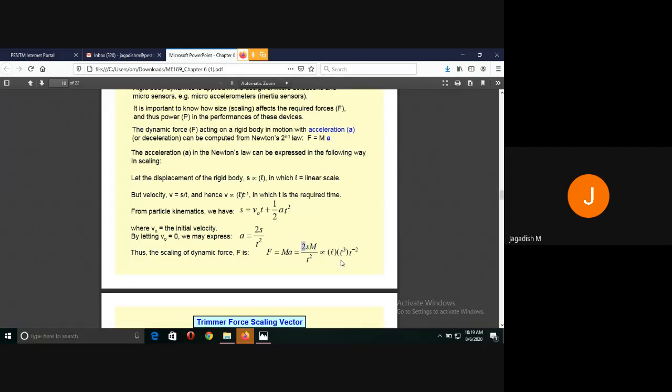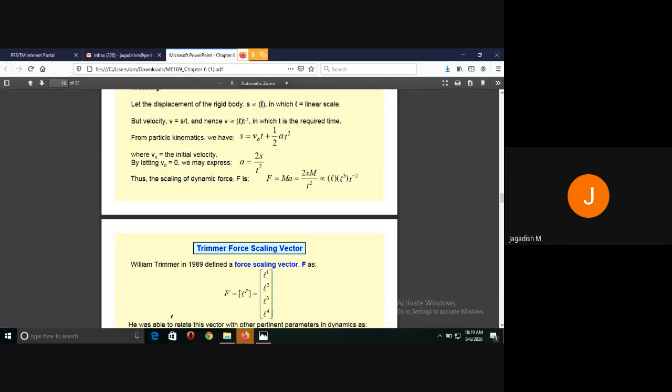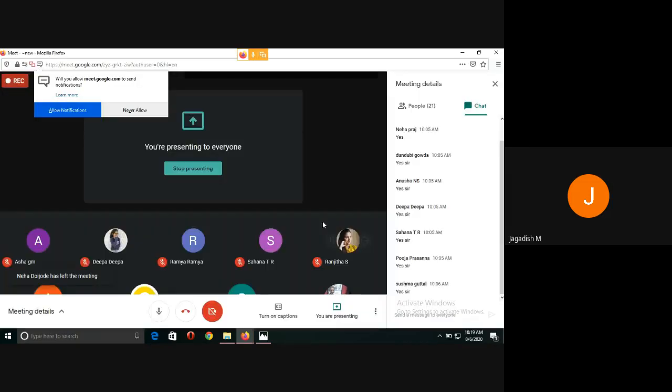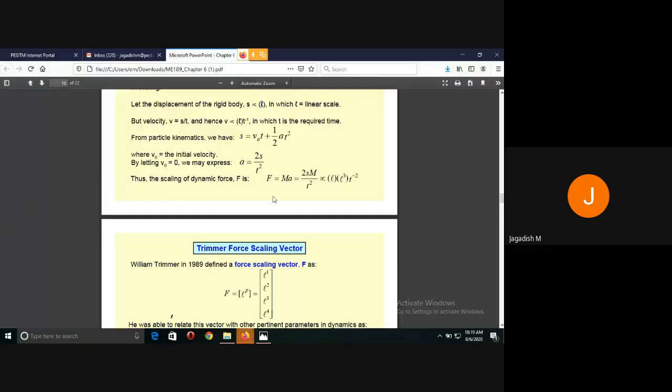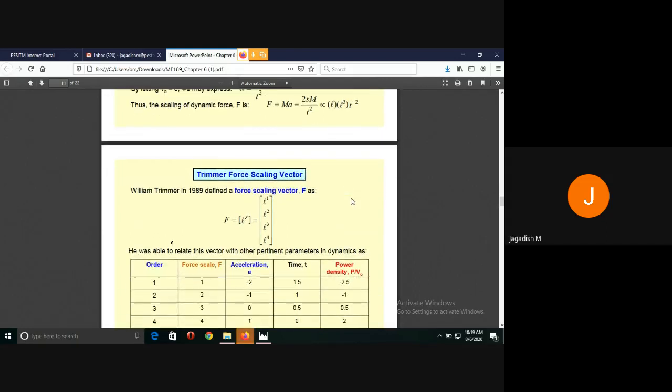Now s is proportional to what? L. The displacement is a linear scale and it is proportional to L. Mass is proportional to L cube, and t is T to the power minus 2. So remember this equation, that is F is proportional to L cube into T power minus 1.